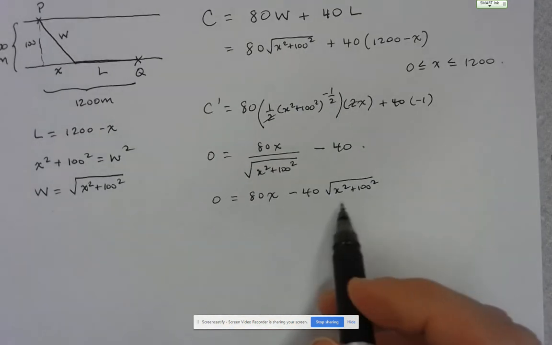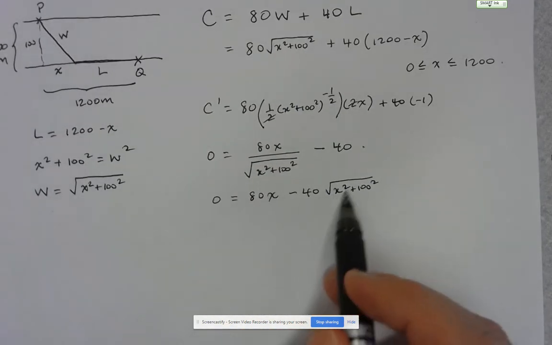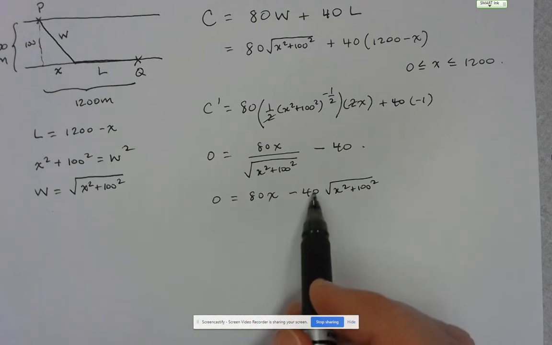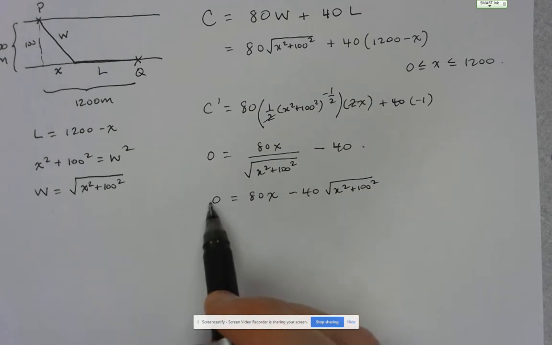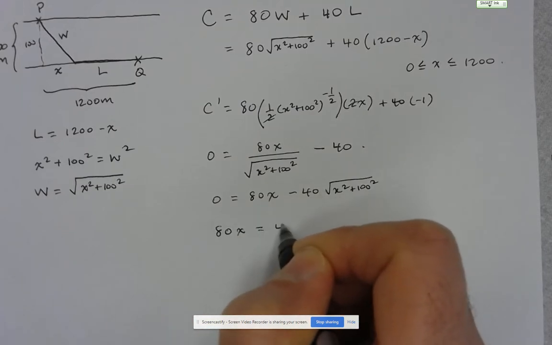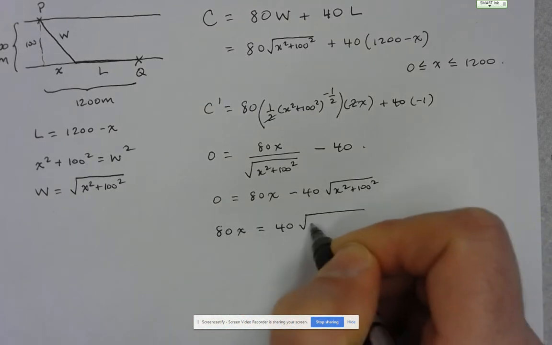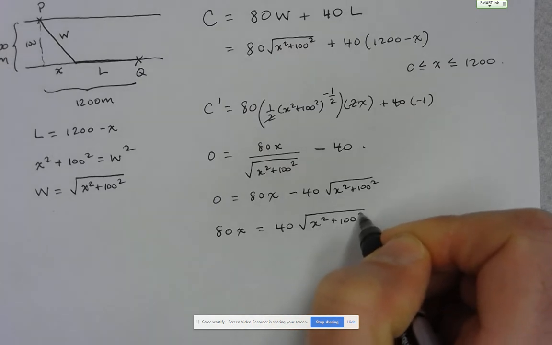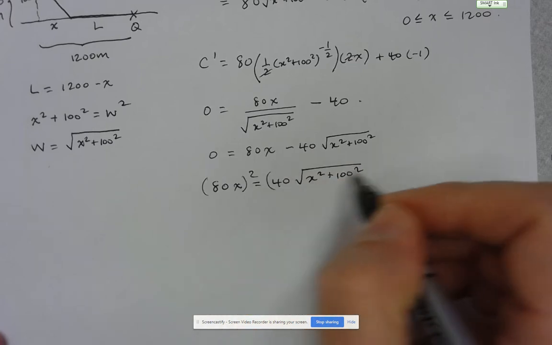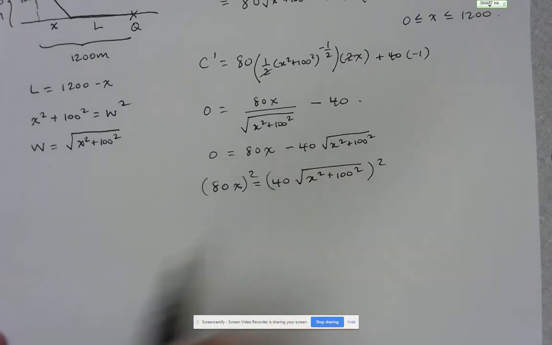Okay, now this might look like an issue because I've got this x here and then I've got this x squared that is stuck inside the square root. But what I'm just going to do is I'm just going to bring this to the other side of the equation. I'm going to write it this way. I have 80x equals 40 times the square root of x squared plus 100 squared. And now I can just square both sides, which is going to allow me to get rid of the square root.